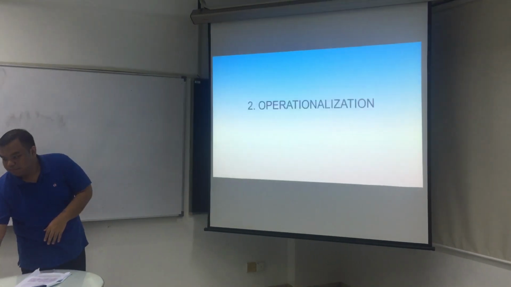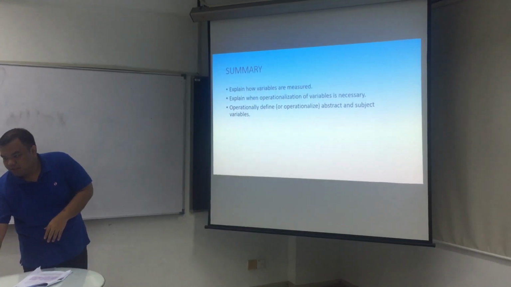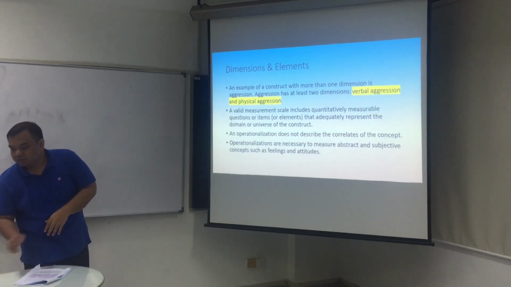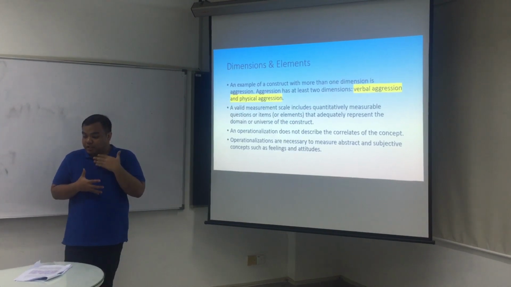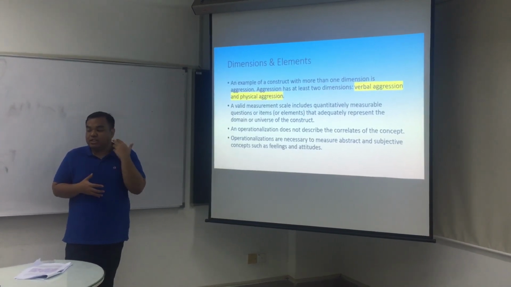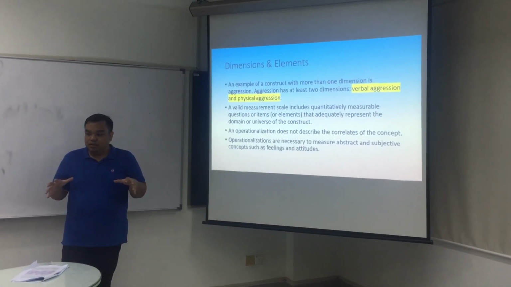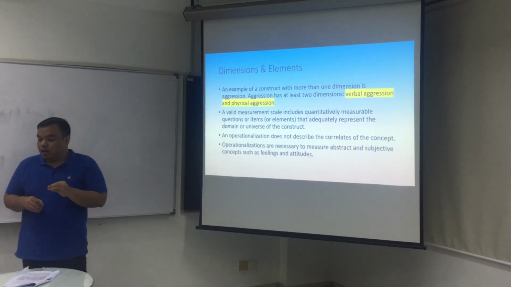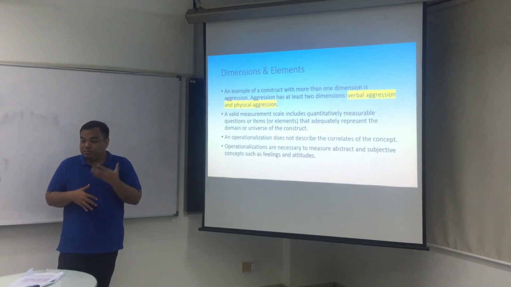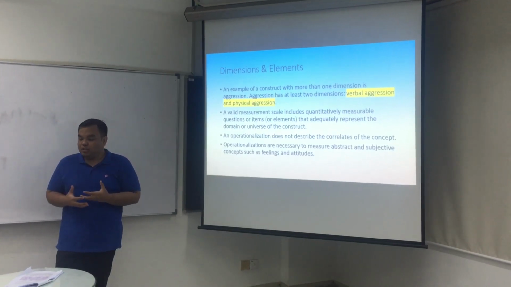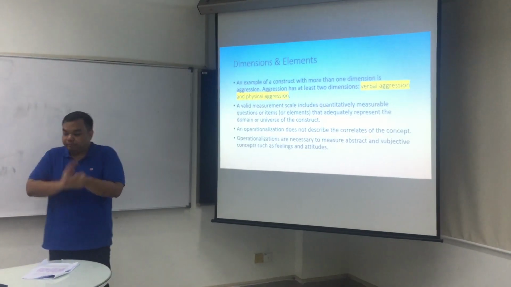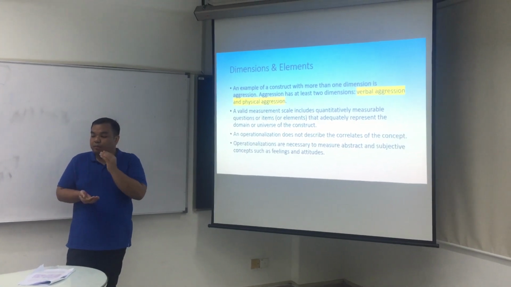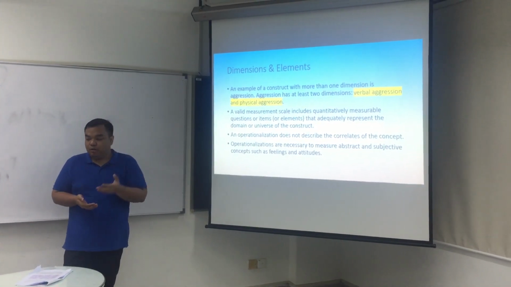Next, operationalization does not describe the correlates of the concept, and does not describe the relationship between concepts. But it's necessary to measure abstract and subjective concepts such as feelings and attitudes. So to repeat, it's about how we measure abstract concepts and how we measure the variables.